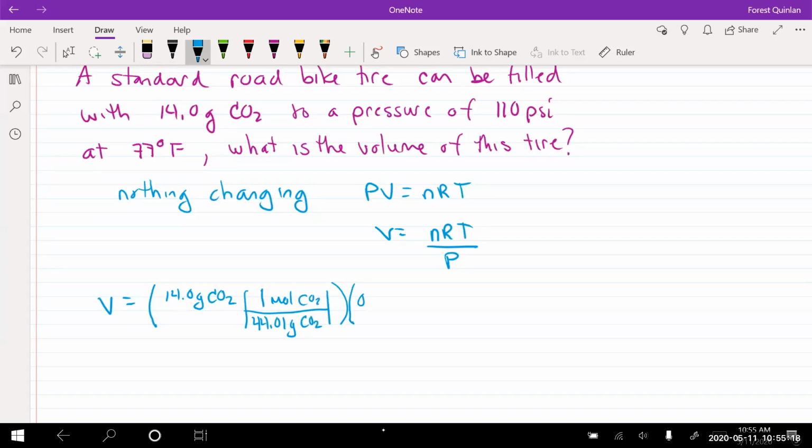The gas constant is 0.08206 liters times atmospheres over mole Kelvin. That's totally fine. By the way, I will give you that number on the exam. You don't have to memorize it.